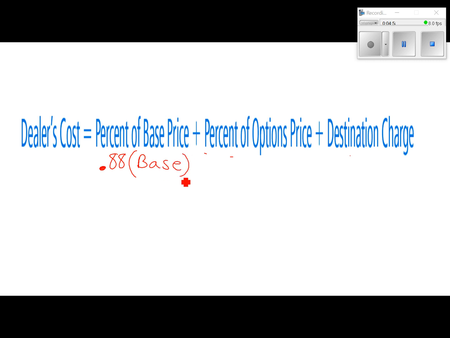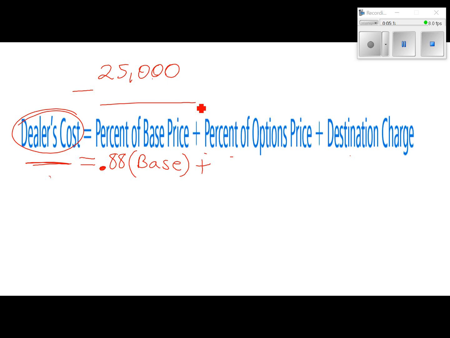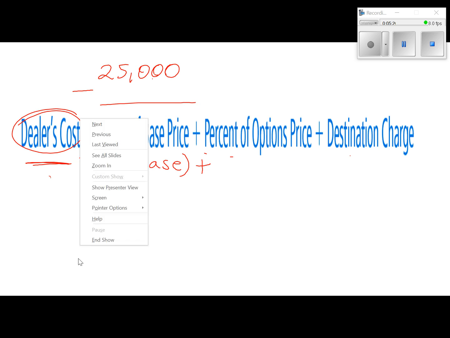And then plus a certain percentage of the options, and this is giving you the dealer's cost, how much it's actually costing the dealer. So they might be charging you 25,000, and this figures up how much it's costing them, and then you can subtract the answer you get from what they're charging you and see how much they're actually making off of you.